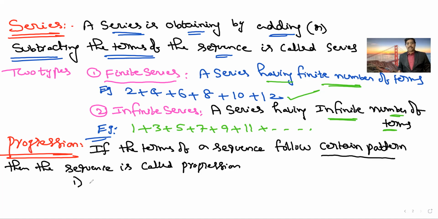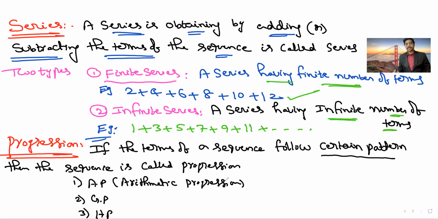These are three types. One is AP, second one is GP, third one is HP. AP means arithmetic progression. GP means geometric progression.